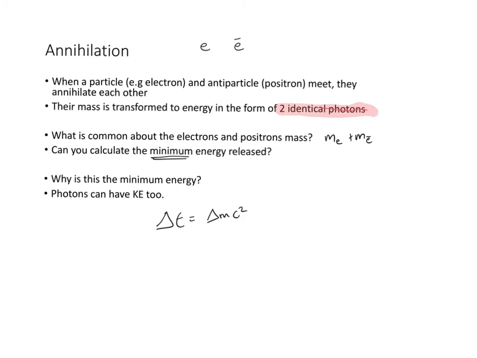if I want to know how much energy is being released in the annihilation of the electron and the positron, I know there is a specific change of mass. In this case, it's the mass of the electron plus the mass of the positron, which is simply 2mₑc².